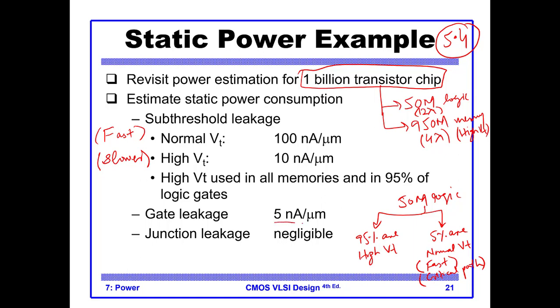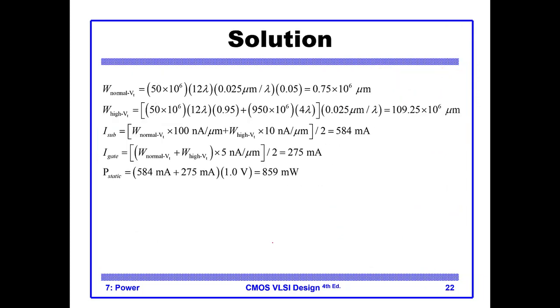Additionally, the gate leakage is 5 nanoampere per micrometer and the junction leakage is negligible. So we have to calculate the width for normal VT. This is our 50 million logic gates. Each logic gate has a width of 12 lambda.